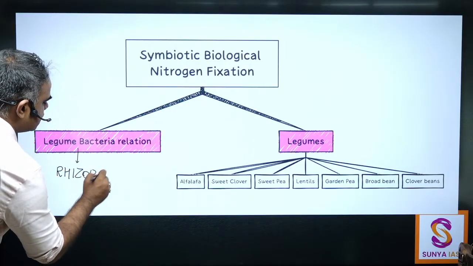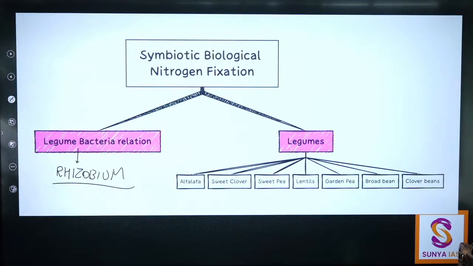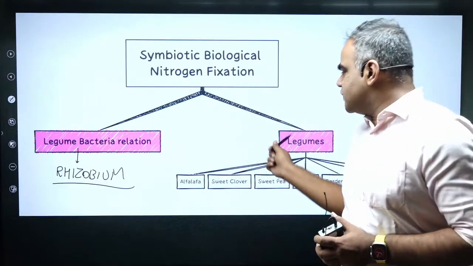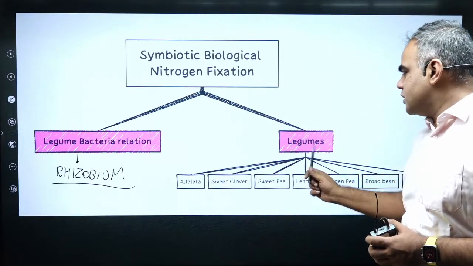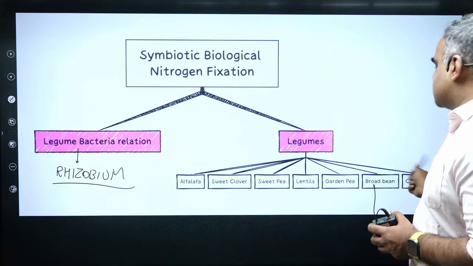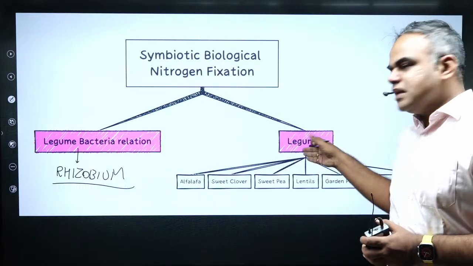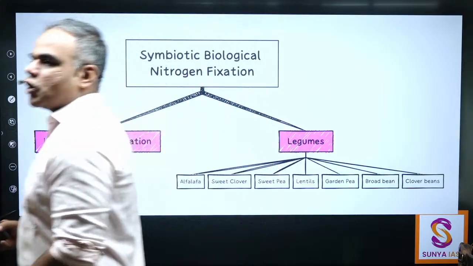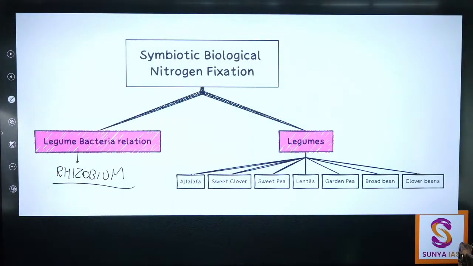This everybody should know. Rhizobium. And other examples we've seen, but still you can write it: alfalfa, clover, pea, lentils, garden pea, broad pea, etc. We have written this even in more detail. We have seen the fodder plants, we've seen the crops, and we've also seen trees.